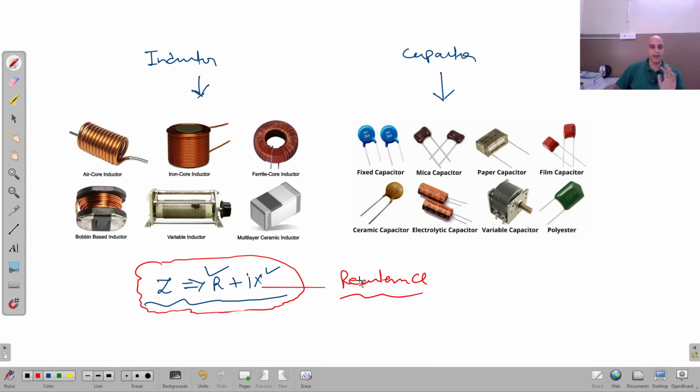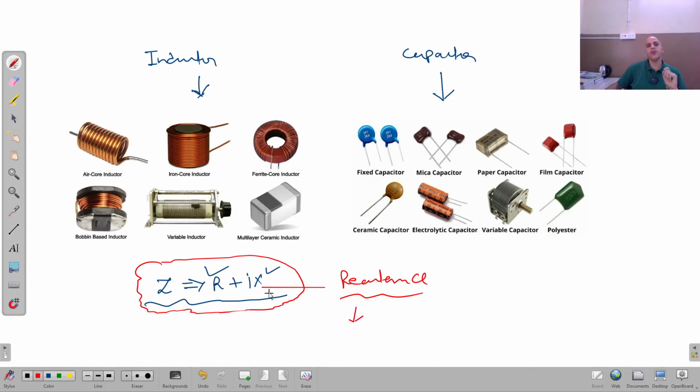So according to that, we have two types of materials, inductors and capacitors, and they have inductance and capacitance. These inductance and capacitance are basically the reactance of the material, right?